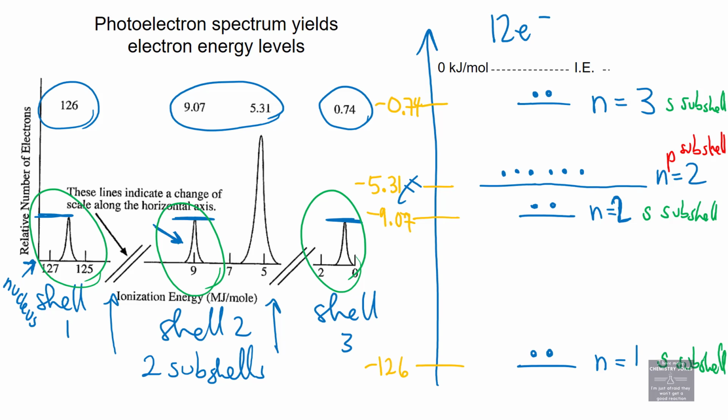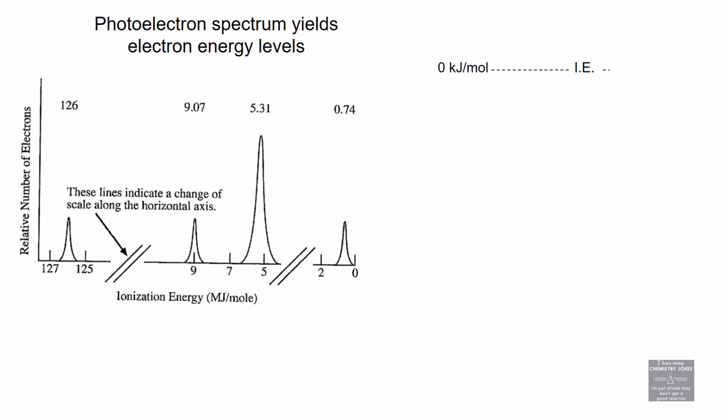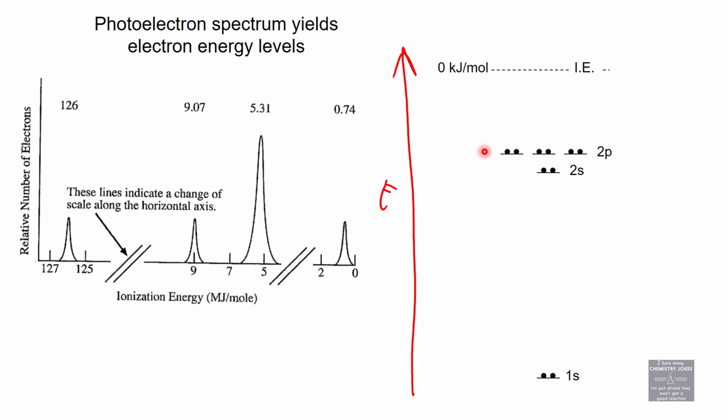So this is my P subshell. So officially, we draw our energy diagram like this, where I've got 2 little dots in the 1s, 2 little dots in the 2s subshell, then 2 little dots, 2 little dots, 2 little dots in the 2p subshell, and then 2 little dots in the 3s subshell.